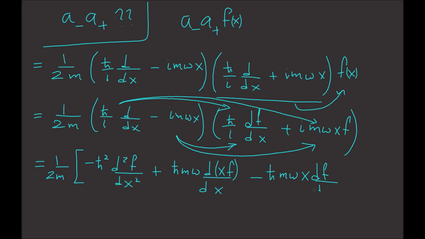See here, it's very important that the x comes before the derivative, because the chain rule doesn't apply otherwise. Plus our last piece, which is i times i, i squared, so that gives us a negative. This kills the negative, making it a positive, and we have mass times omega squared times x squared times f.